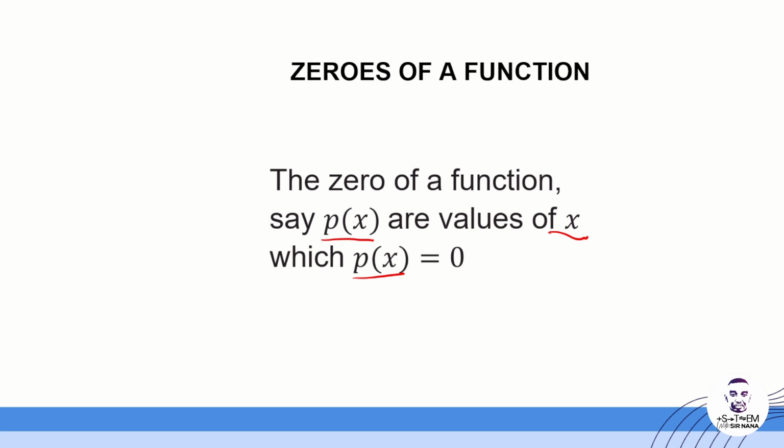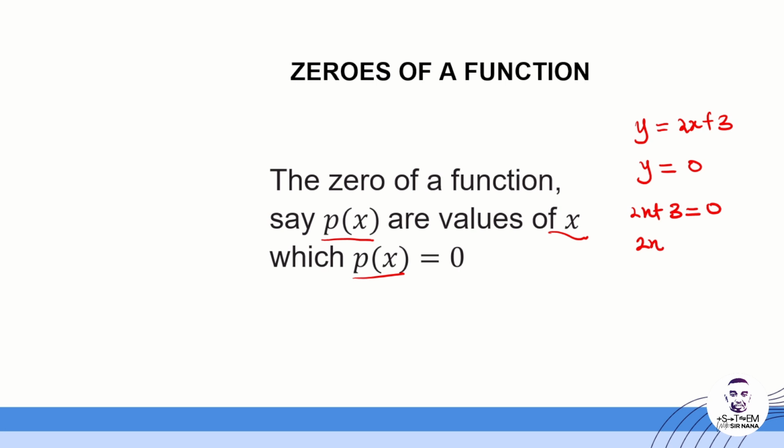Now, for instance, if I have a function y equal to 2x plus 3, then if I equate y to 0, I can find the zeros of the function, right? So I would have 2x plus 3 equal to 0. Then, using algebra, I add minus 3 to both sides of the equation to eliminate the 3.